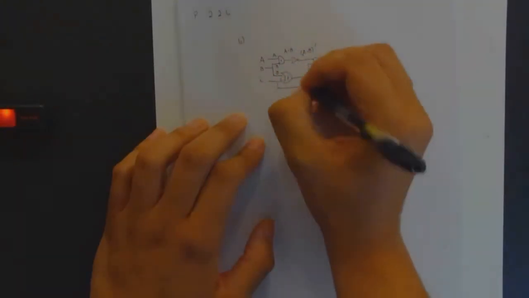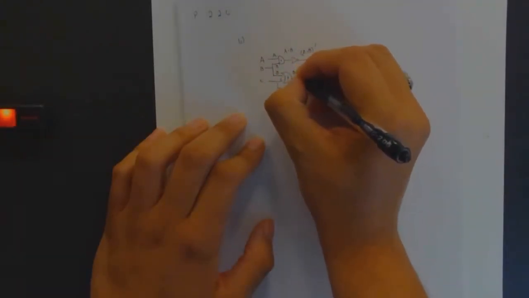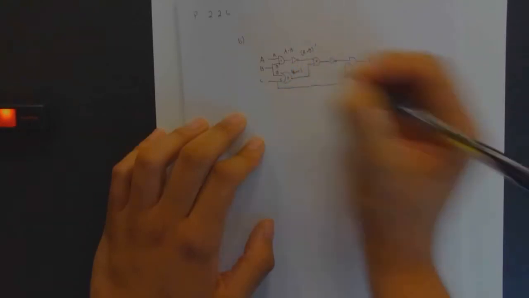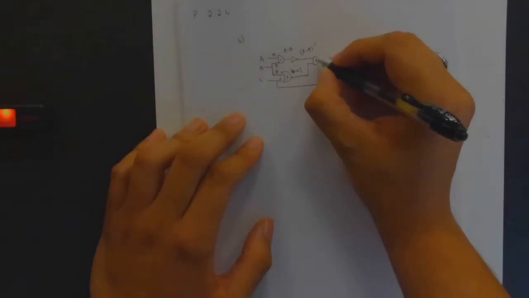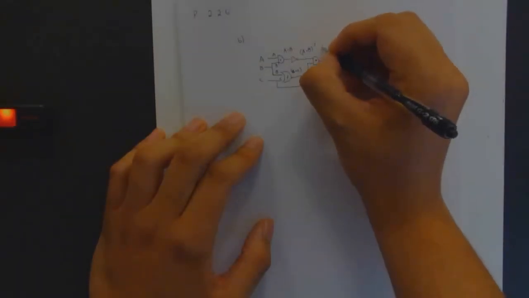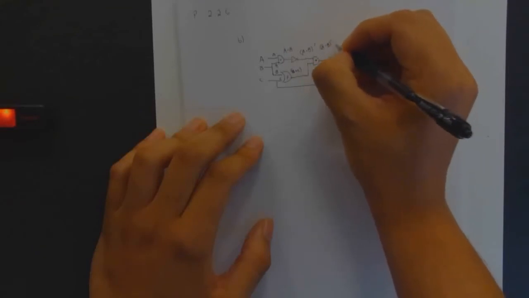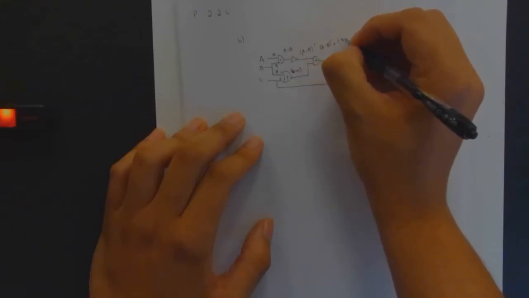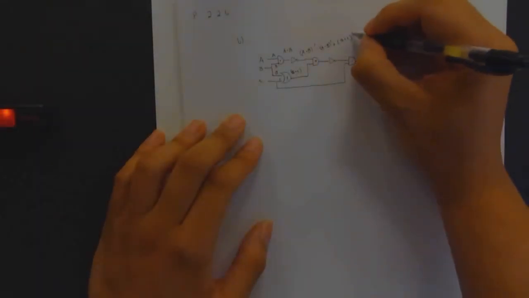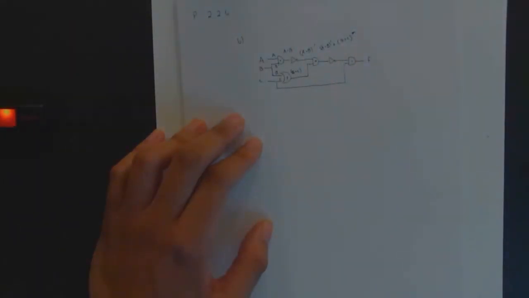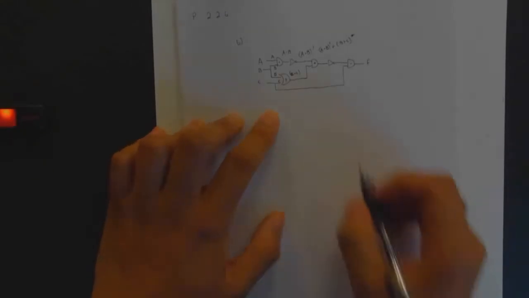Very important. Coming to this gate here, we have B again, C, B or C. Then we come to this AND. A and B not, or B or C.